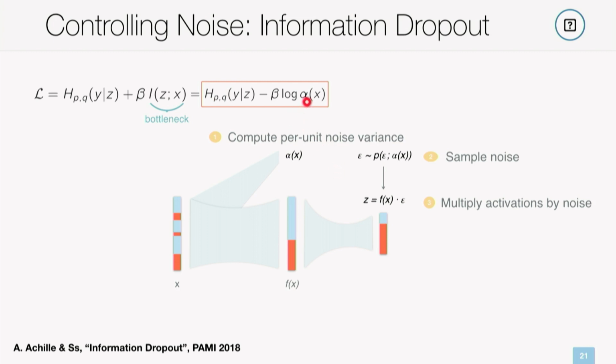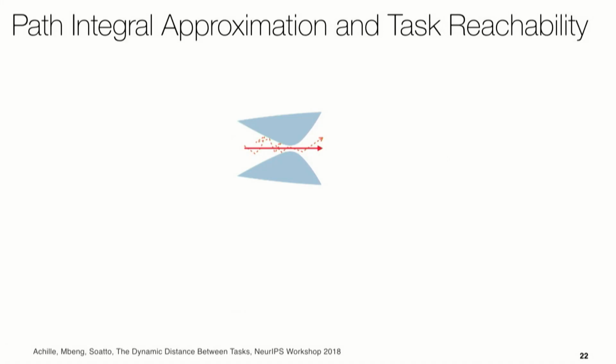During the training process, you assume a prior for the weights. In this case, it's actually log normal for reasons that I won't have time to get into. And if this was Bernoulli, then this would be called dropout. If this was Gaussian, it would be called variational dropout. But more in general, you can choose whatever you want, and this is information dropout. So you literally control, in a feedback loop, the information that you feed back during the training process.